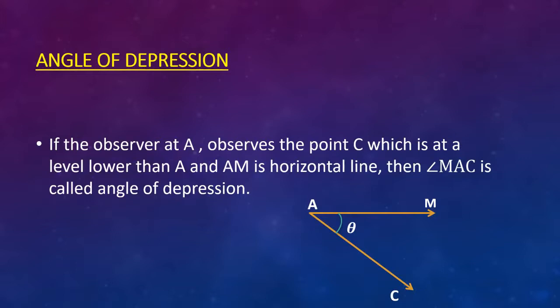So the difference between angle of elevation and angle of depression is that when an observer is looking above the horizontal line, the angle that forms is called the angle of elevation, and when the observer is looking below the horizontal line, the angle that forms between the horizontal line and the line of vision is called the angle of depression.